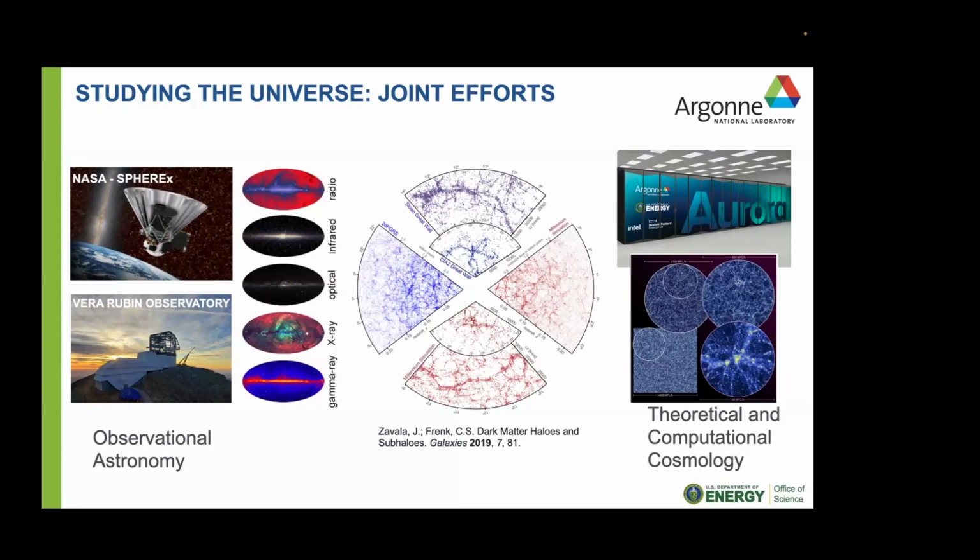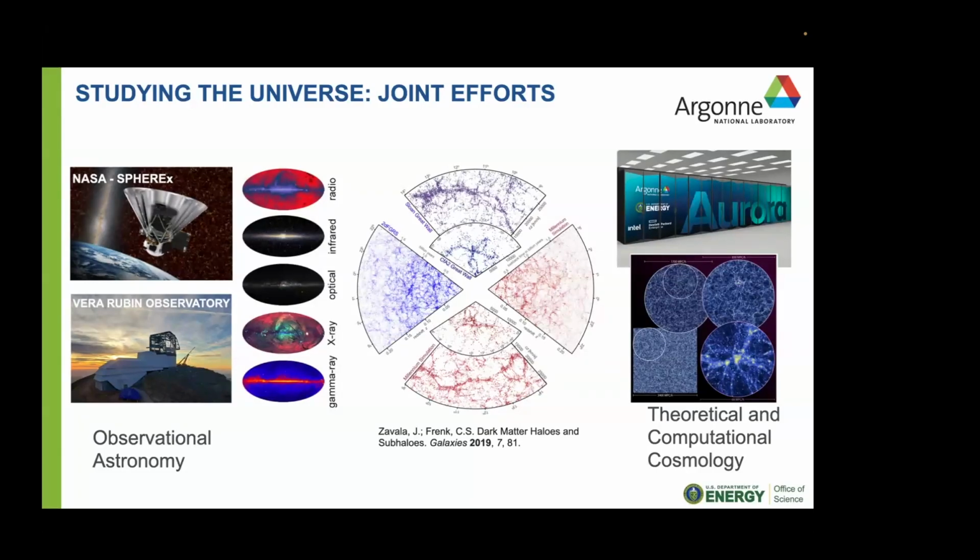And in the center plot here, you see the distribution. On the left side, I think you see the distribution of galaxies in the universe that is observed from the telescopes. And the red panels are essentially what you see from the simulations.